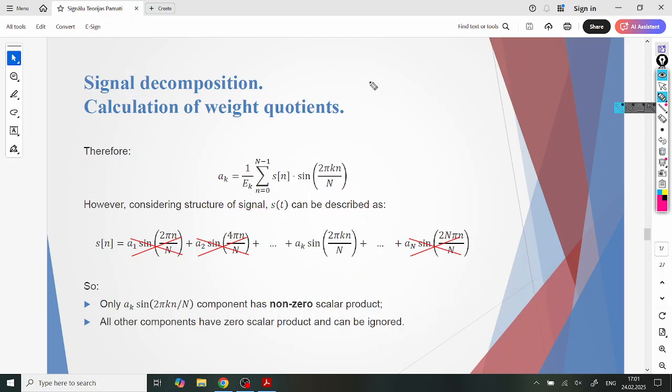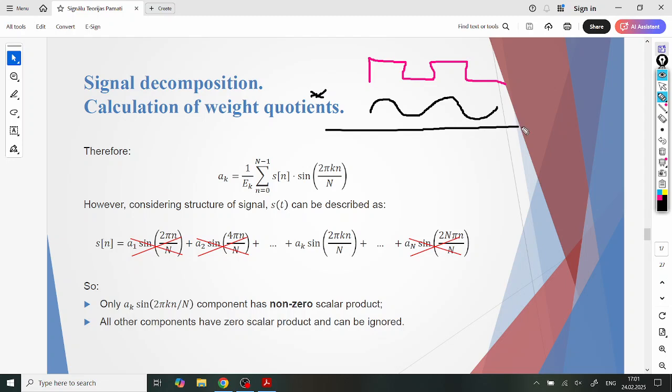So effectively that means whenever I have this rectangular pulse signal, I then generate some component, I multiply them together, find their scalar product, and get a number 1.